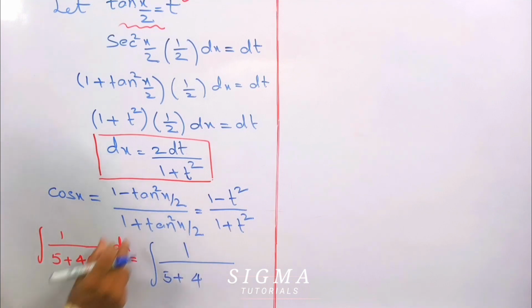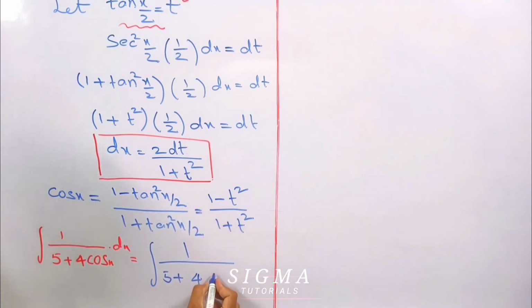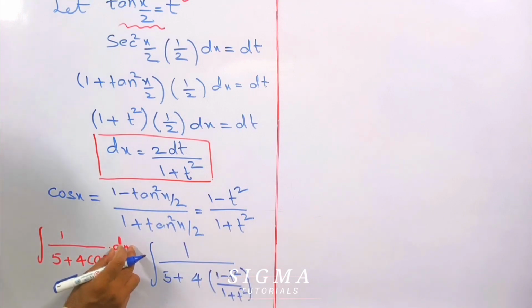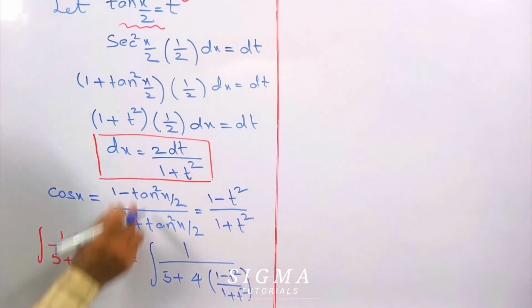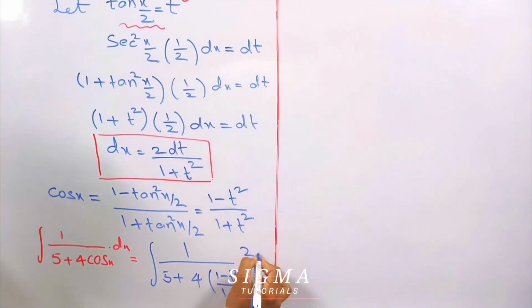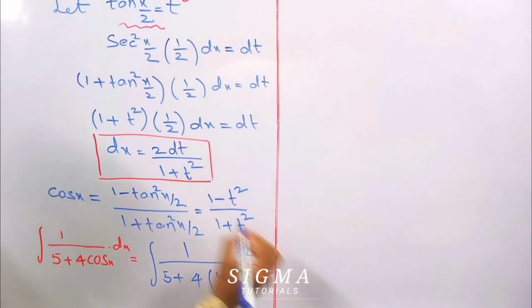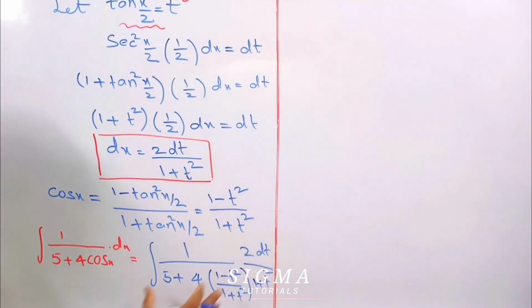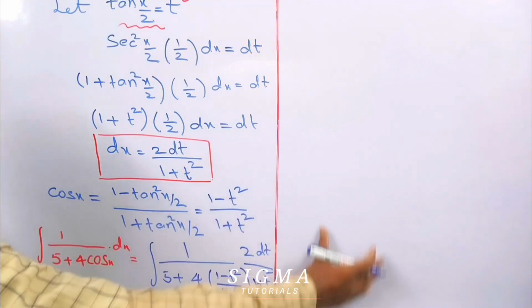Now in place of cos x, I will write this value 1 minus t square by 1 plus t square. In place of dx, I will write 2 dt upon 1 plus t square. Now the next step I will solve on the right side.